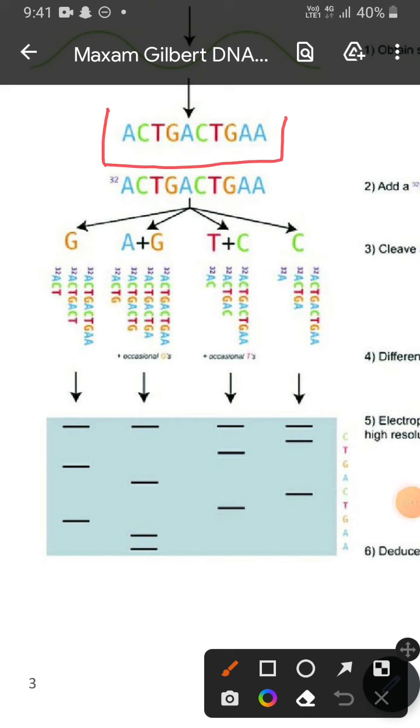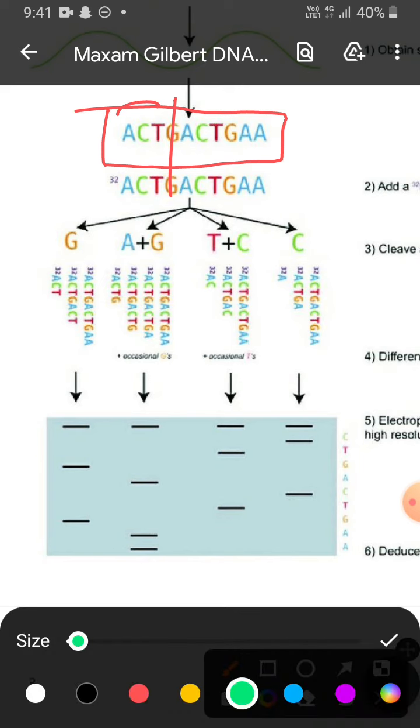Let's come back here. Suppose in case of G test tube, we will have, let me take another color, one fragment and two fragment.